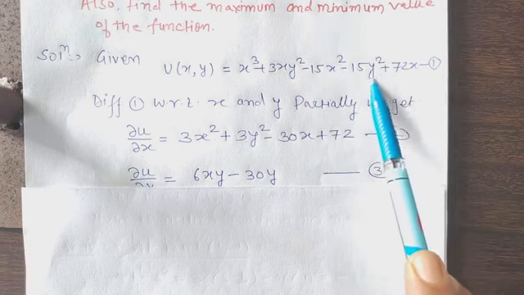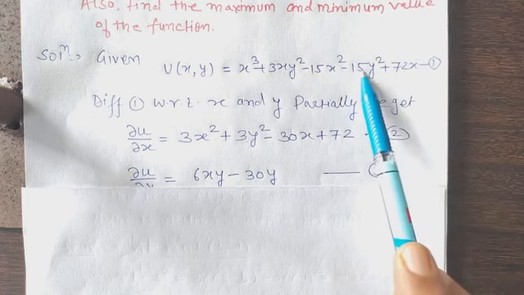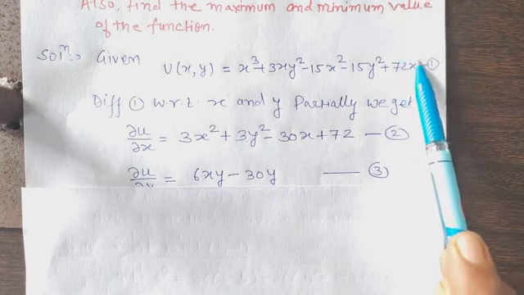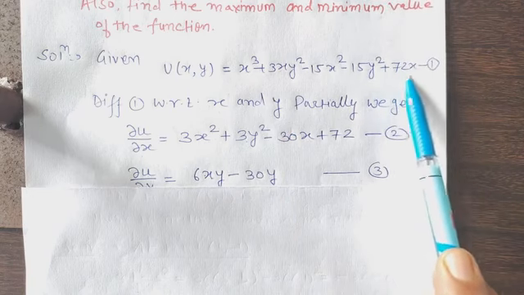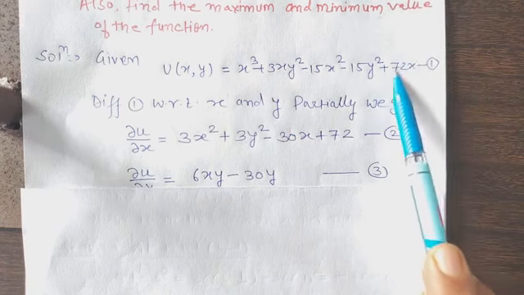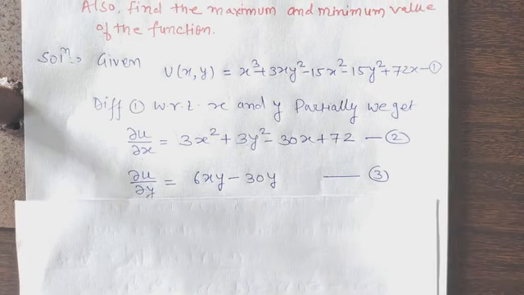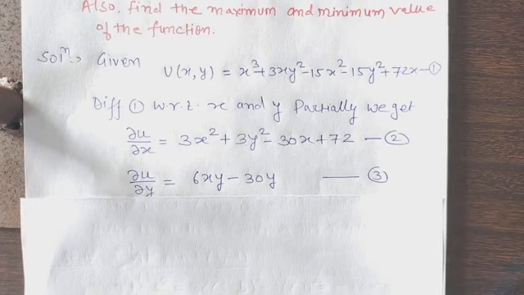Here the derivative of y square with respect to y is 2y, so we get minus 30y, plus 72x is constant with respect to y, so its derivative is 0. So these are the values of del u by del x and del u by del y.